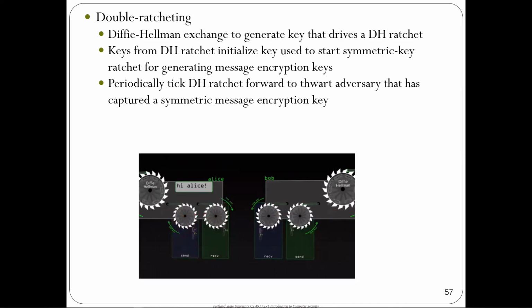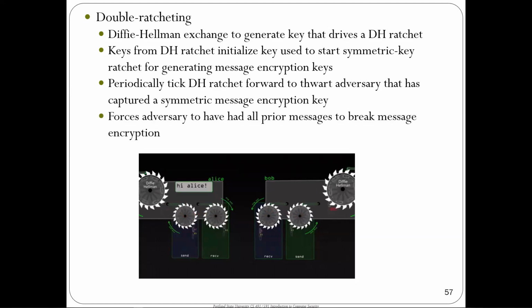You had a question? I'll read the slide first. Okay, so this forces the adversary to have had all the prior messages and to break the message encryption individually on them, which is bad for the adversary and bad for surveillance. And so that's why the federal government's like, don't know.